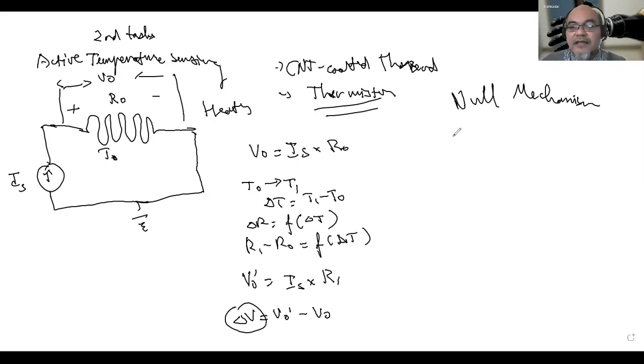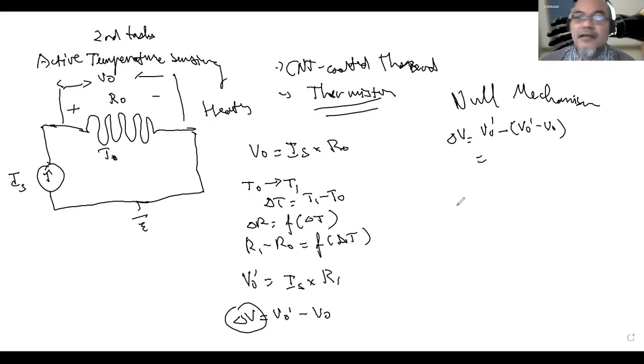In order to make it 0 again, it means that you have to add something. V0 dash has to be added with something to make it equal to V0.